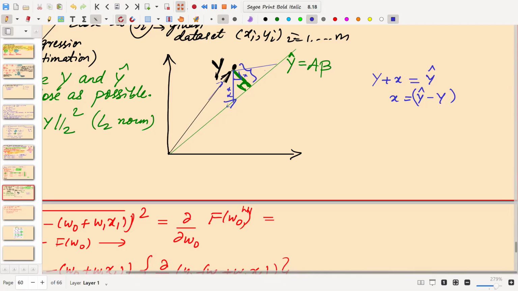I am just asking a simple thing. You have to set the x vector, that is the perpendicular distance, to y cap. What condition can we write? Very easy condition. If two vectors are perpendicular, what do you do?